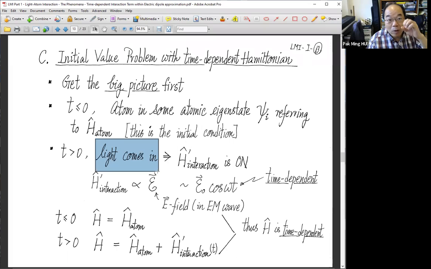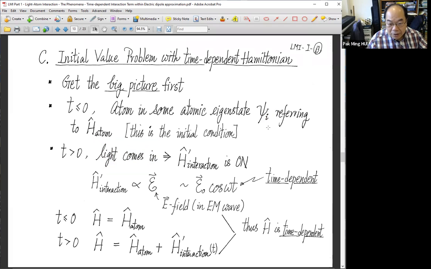And then we will look into the atom and ask, after some time t, what is the probability that it is no longer in the initial state, it becomes somewhere called final state. So that is typically an initial value problem, right?